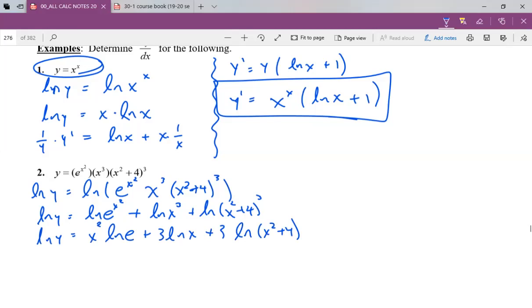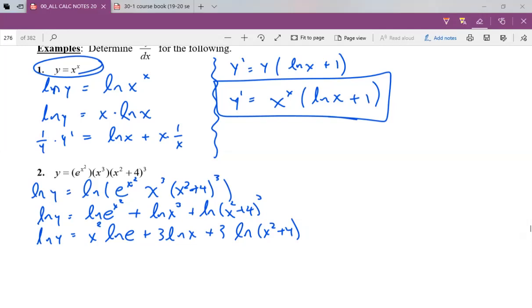Be careful, don't be tempted to think, okay, I'm bringing that 3 down front, so I'm going to change this to 2 as an exponent. No, we're not differentiating that. We're using our laws of logarithms here. So that 3 comes down front, and that's it.